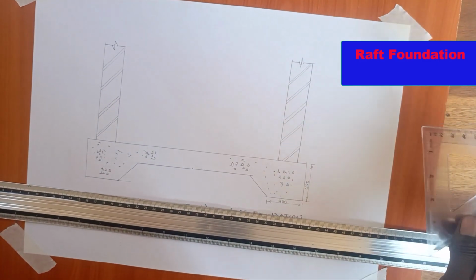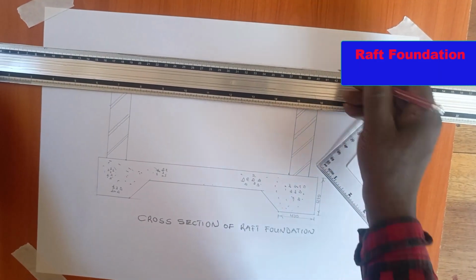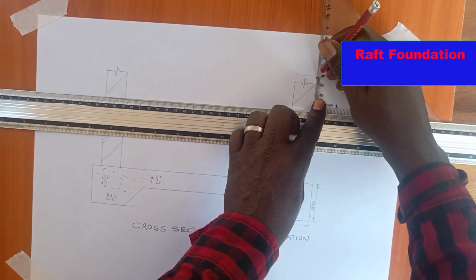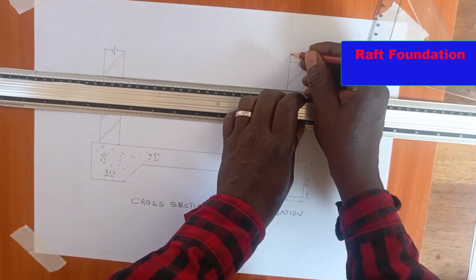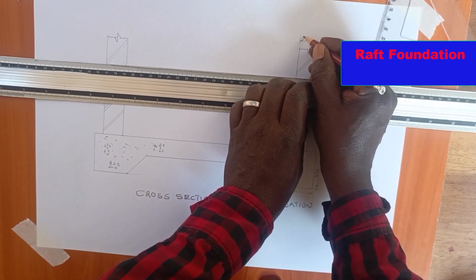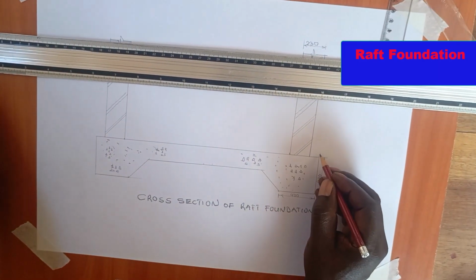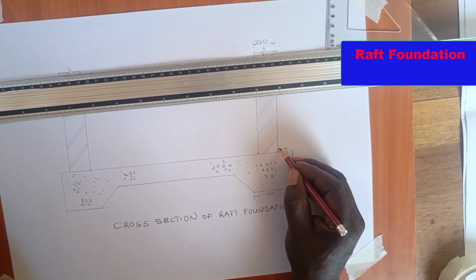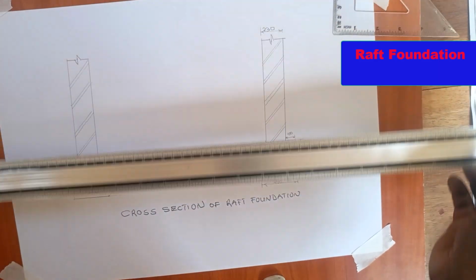Then the thickness here is 230 millimeter. So that's the thickness here. Here we can make it 100. Yeah, so these are the dimensions I want to do.